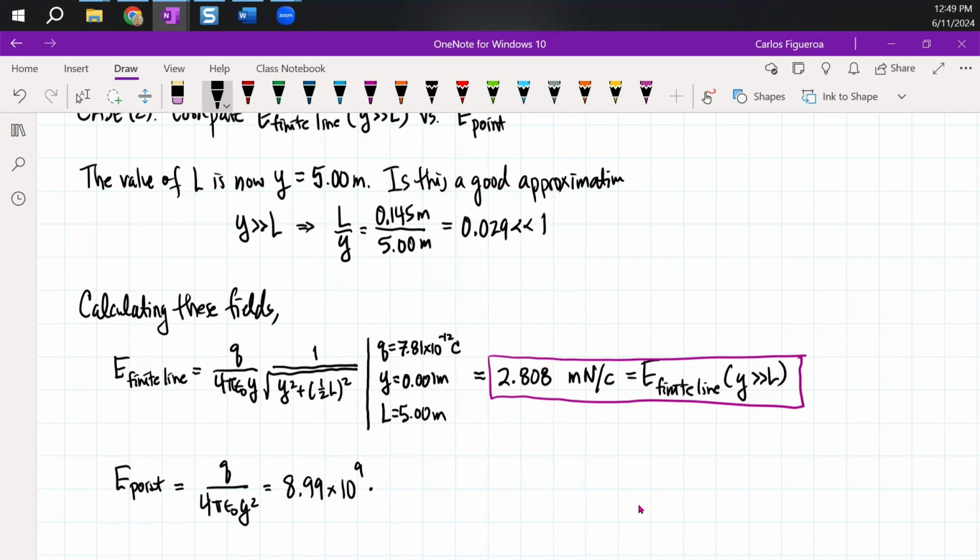And then my charge here is 7.81 times 10 to the minus 12 coulombs divided by the 5 meters squared. So if I compute that, I get a value of 2.808 millinewtons per coulomb. So this is the field of a point.